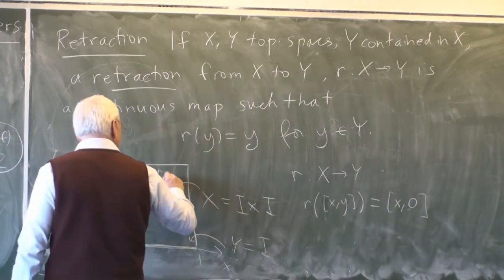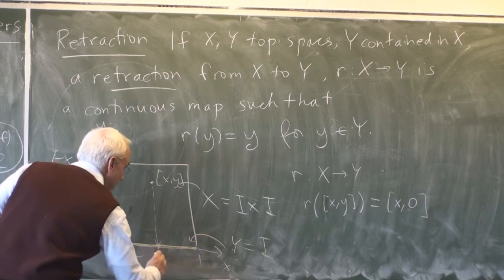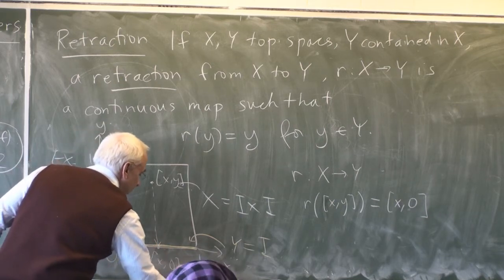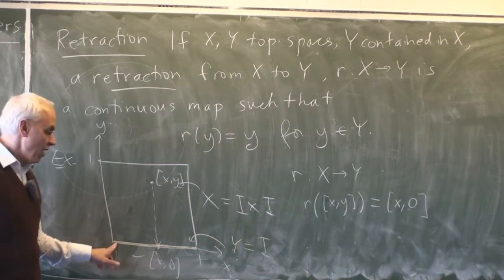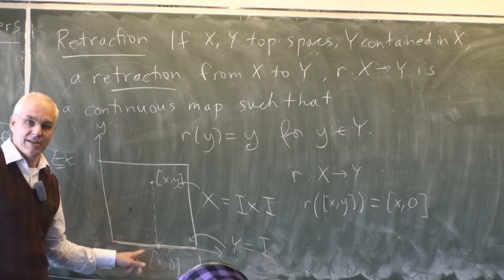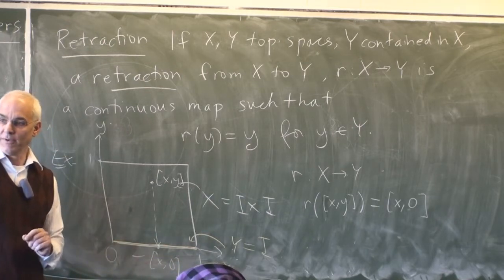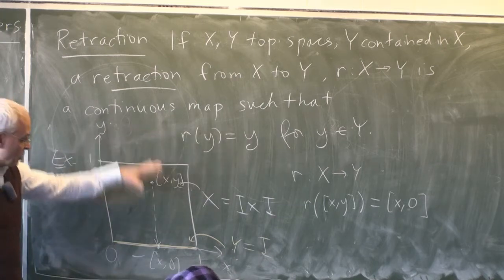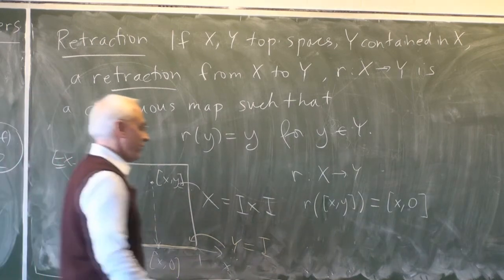There's a point (x, y), and we'll just send it straight down to that point there, which is (x, 0). Then it's clear that on the base, it leaves things fixed. Anything that's on the base is not moved. But the image of the whole thing is Y. So this is a retraction.